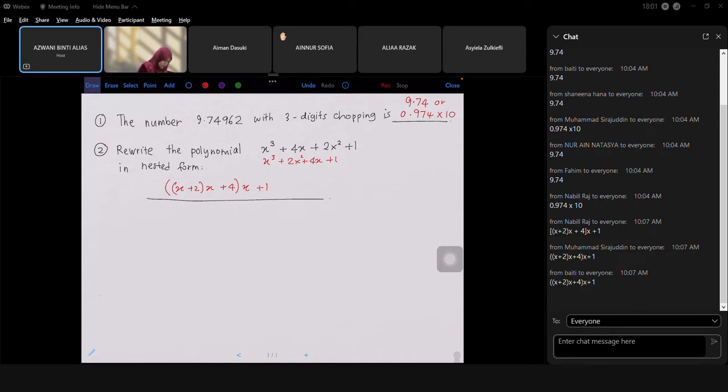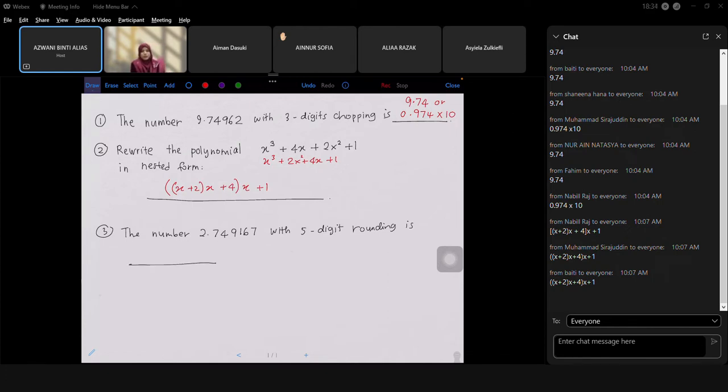Okay, so the next question. The number 2.749167 with 5-digit rounding is, okay, what is the answer?